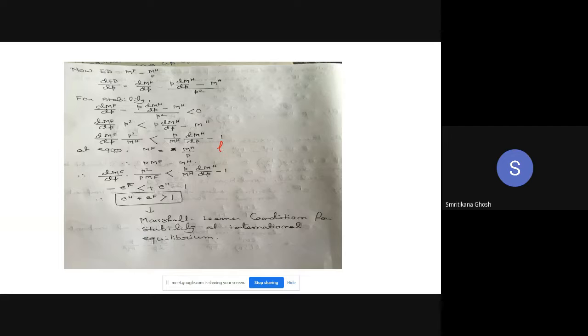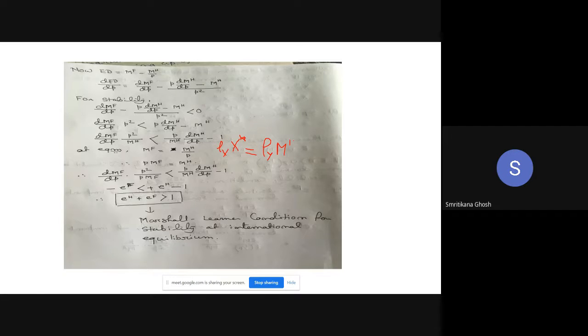Actually the sentence is like this: Px into XH, that is the export of the home country, is equal to Py, Y being the commodity which the home country is importing, into the import of the home country.